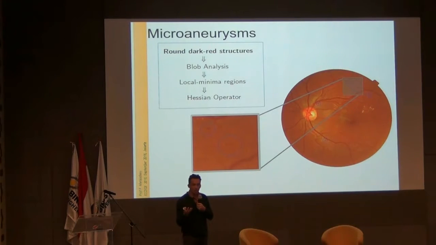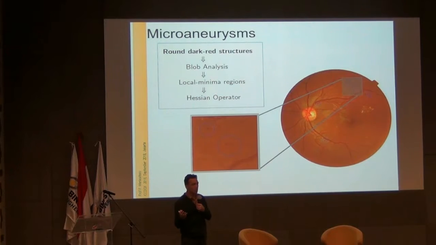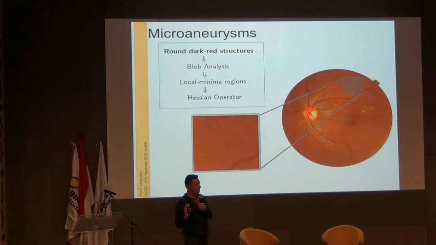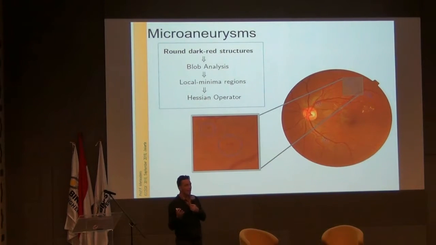So we were processing the image, and you take the second order derivative of a Gaussian filtered image. That's your Hessian matrix, and if you have something circular, if you look at the eigenvalues of your Hessian matrix, your eigenvalues should be very similar, because there is no privileged direction, you have something totally isotropic.